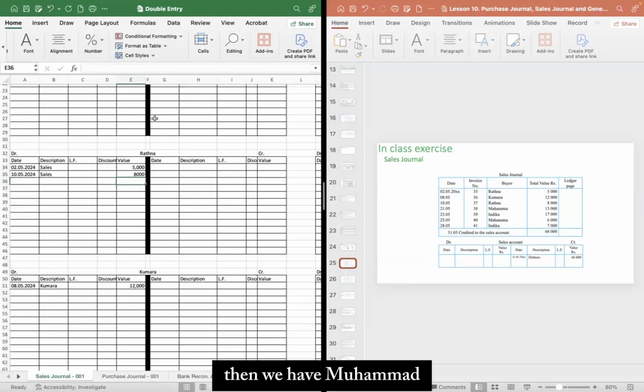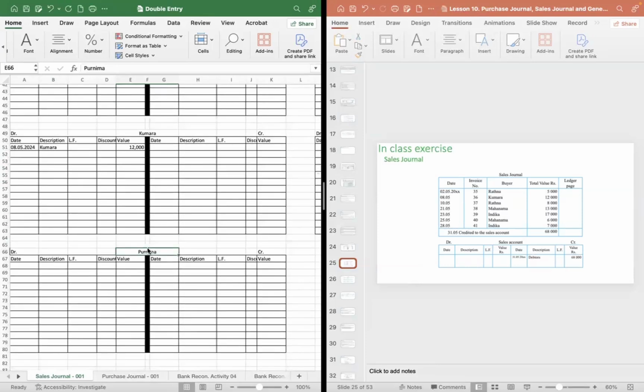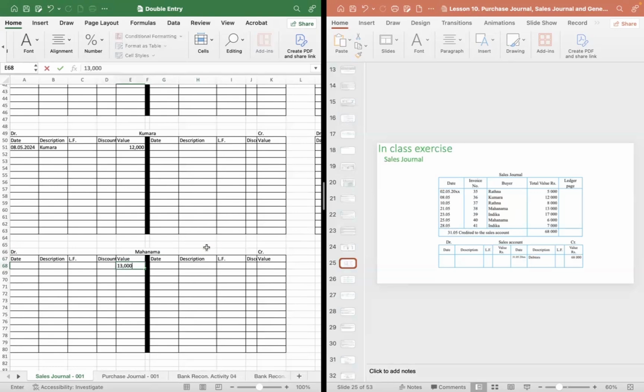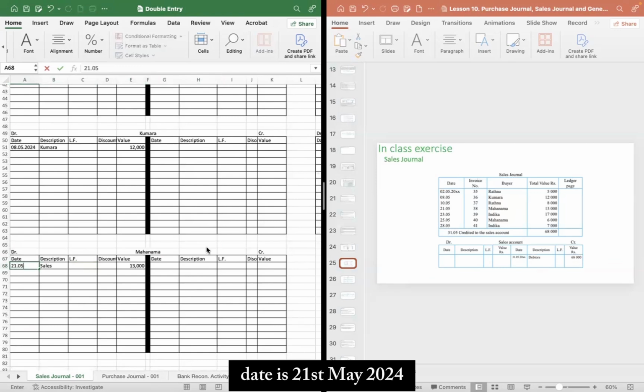Then we have Mahanama, a new debtor. Mahanama 13,000, sales, date is 21st May 2024.